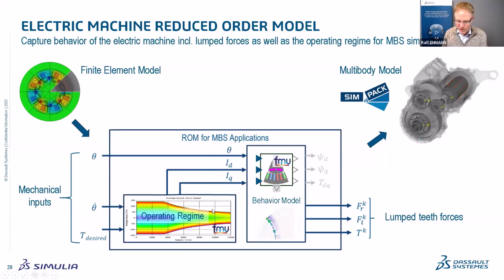So he doesn't see current or flux linkage or something like this. He only sees mechanical inputs and Lamt's forces he can use as excitation. And important, he has the whole operating regime at hand. So he can run any analysis he may want, tip in, tip out, acceleration, deacceleration, whatever he wants to do, he has the data at hand. And this is the strength of this reduced order model.